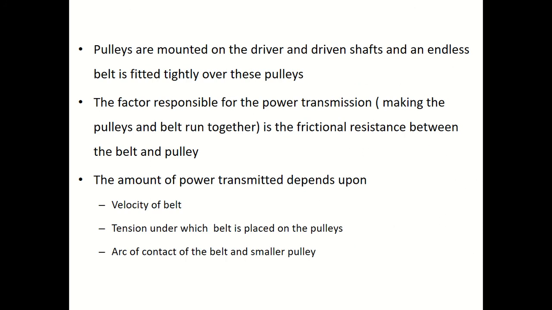As I told you, the pulleys are mounted on a driver and a driven shaft, and an endless belt is fitted tightly over these pulleys. The factor responsible for power transmission is the frictional resistance between the belt and pulley. The amount of power transmitted depends upon the velocity of the belt, the tension under which the belt is placed on the pulleys, and the arc of contact of the belt on the smaller pulley.